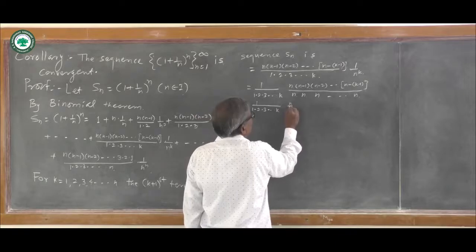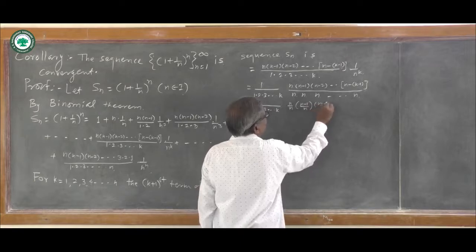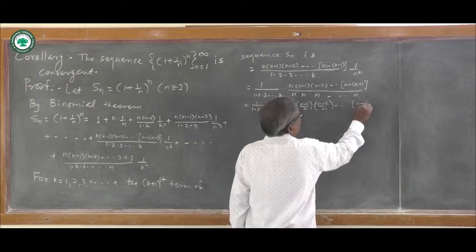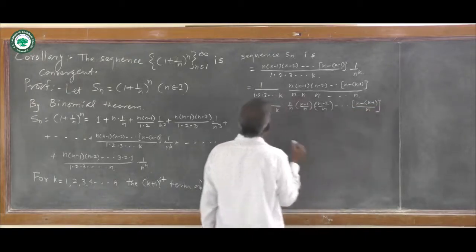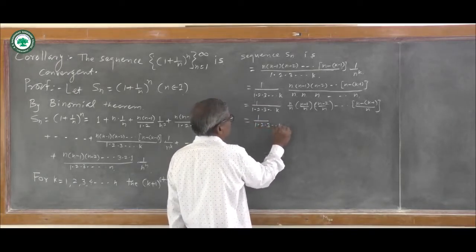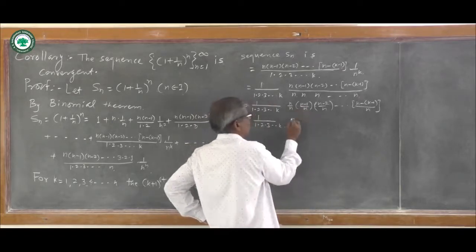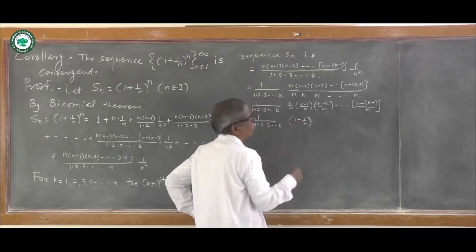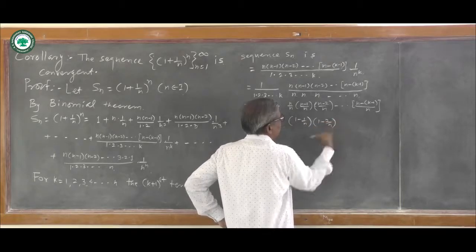into n by n is 1, n minus 1 by n, n minus 2 by n and so on, n minus k minus 1 upon n, is equal to 1 upon 1 into 2 into 3 and so on up to k. N cancels. N by n becomes 1, n minus 1 by n becomes 1 minus 1 by n, n minus 2 by n becomes 1 minus 2 by n.